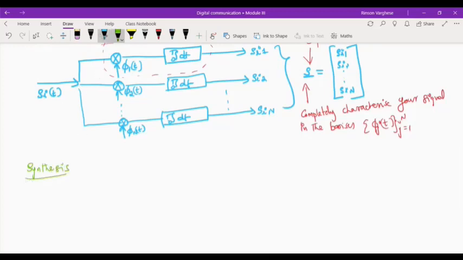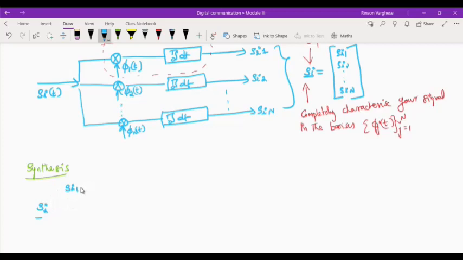You have the signal vector s_i, which is nothing but s_i1, s_i2, s_i3, like that.